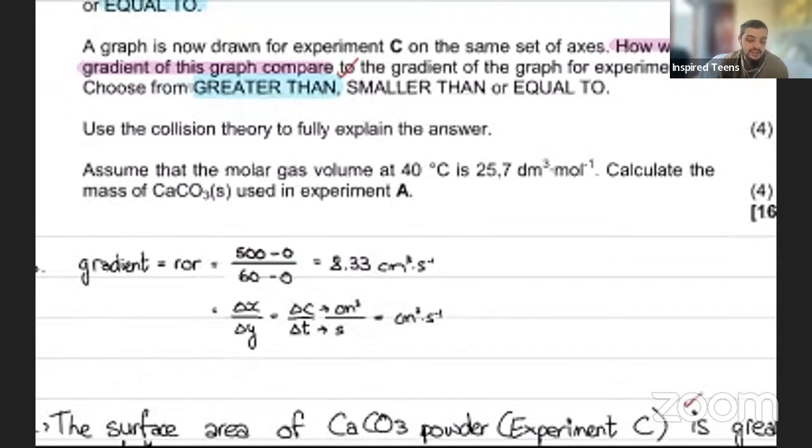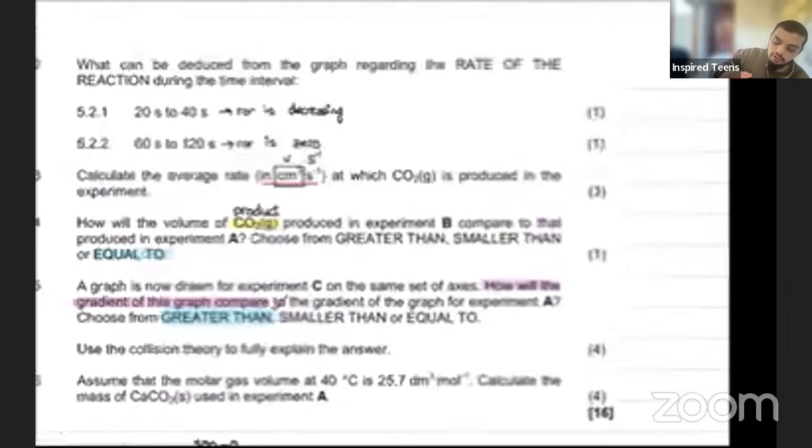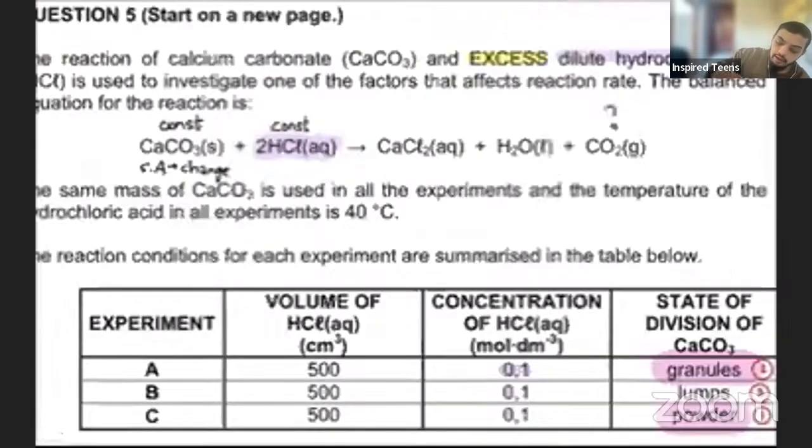Calculate the mass of CaCO3 used in experiment A. So they want us to calculate the mass of CaCO3 used in experiment A, the mass of this guy.